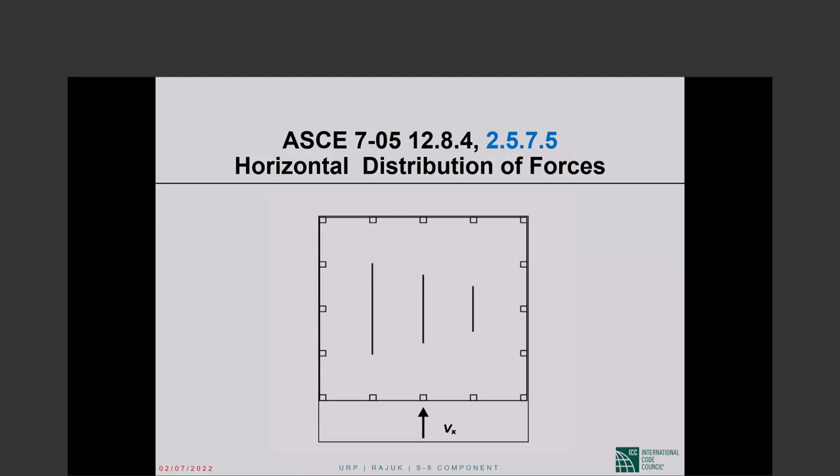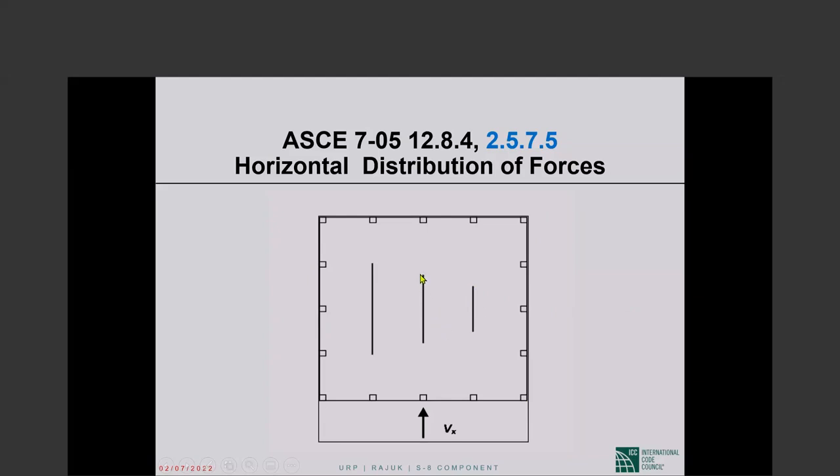If it takes 1 unit of force to impart unit interstory displacement to the frames, it takes 2 units of force to impart 1 unit of interstory drift to this shear wall.